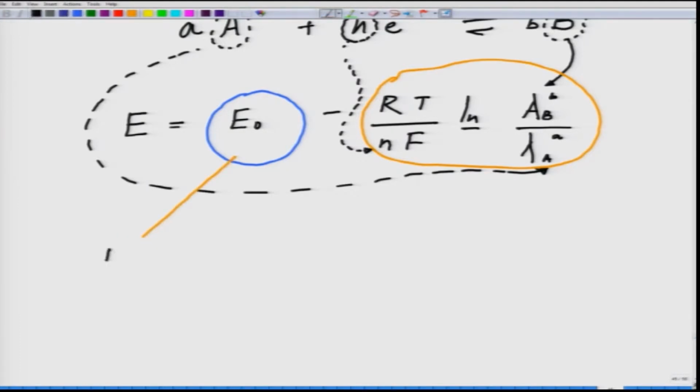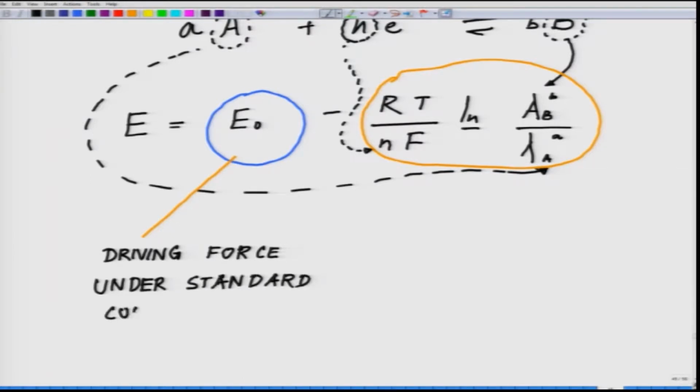This is the first term, E0, which applies when all activities are unity.